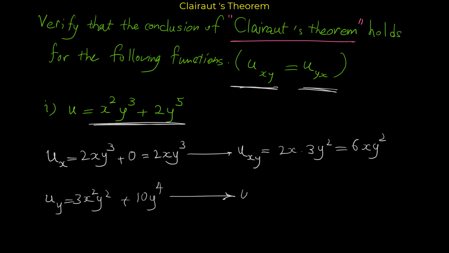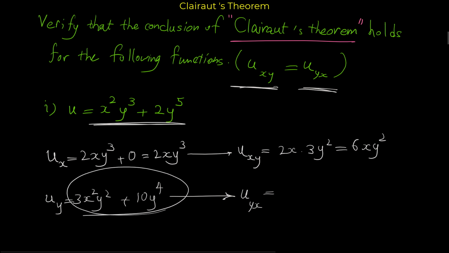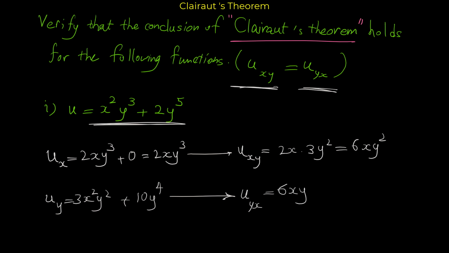Now we have to take the derivative of uy, the partial derivative with respect to y, with respect to x. So take the derivative of all of this with respect to x. The derivative of 3x squared is 6x times y squared, 6xy squared. And the derivative of this with respect to x is 0.